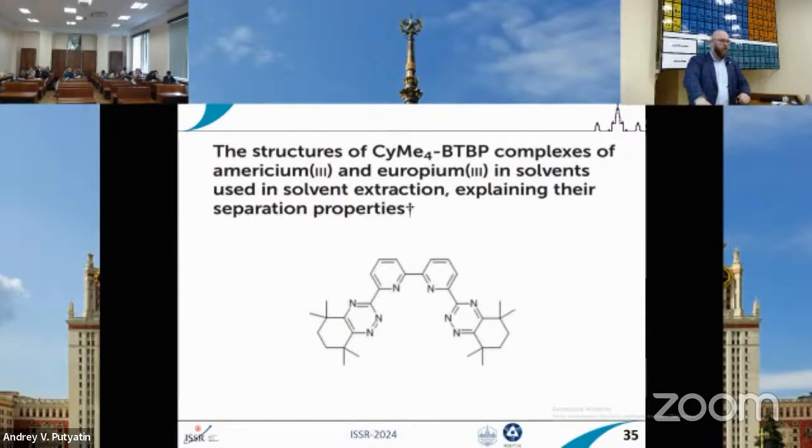Another example for the extraction studies is understanding the influence of different solvents on the extraction and separation of americium and europium by this extractant, which is a bipyridine molecule with triazine substituents.